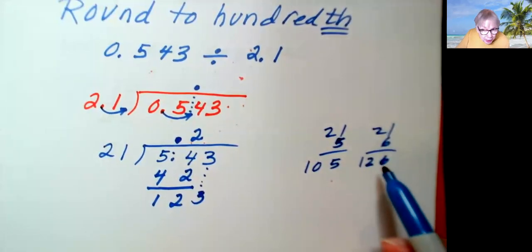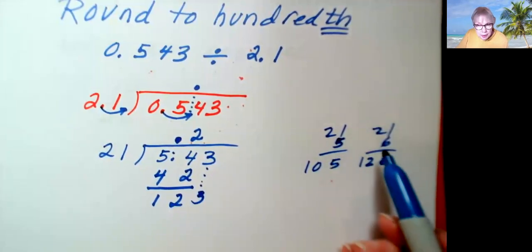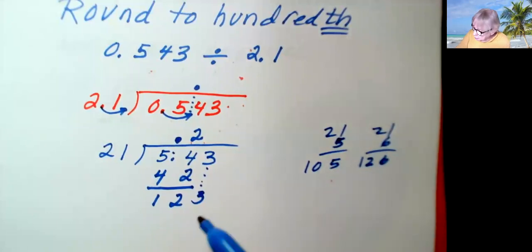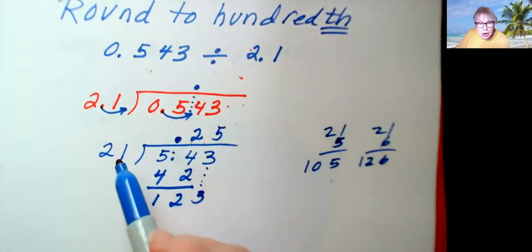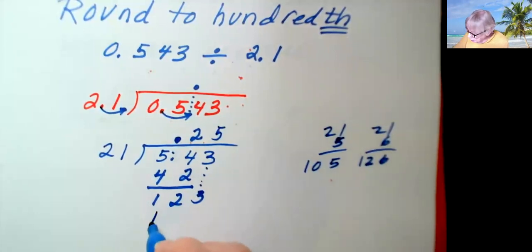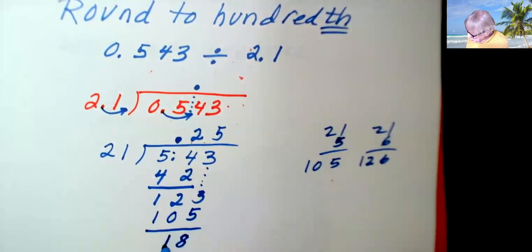Notice that's too big, which means this was really, really close between a 5 or a 6. We have to choose the 5 so that it will work. 5 times 21 happens to be 105. When I subtract this, this is 18.